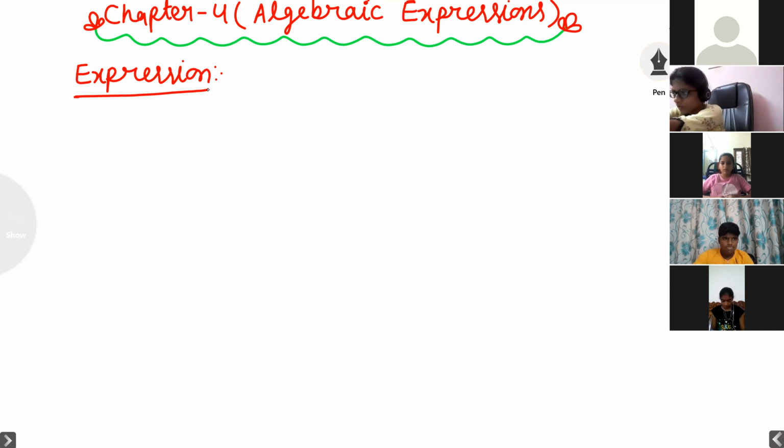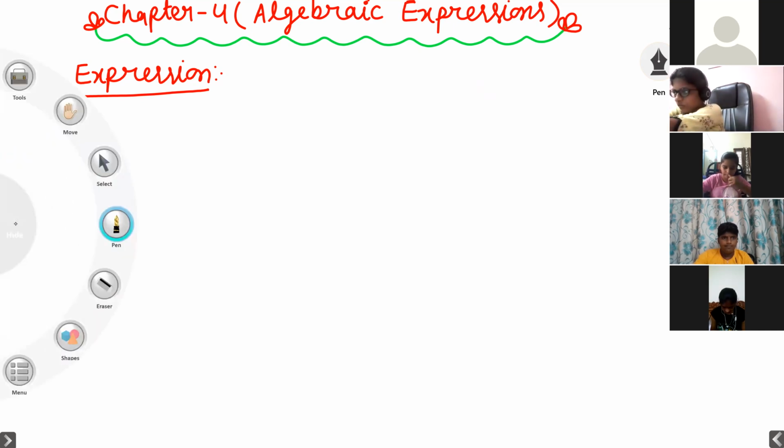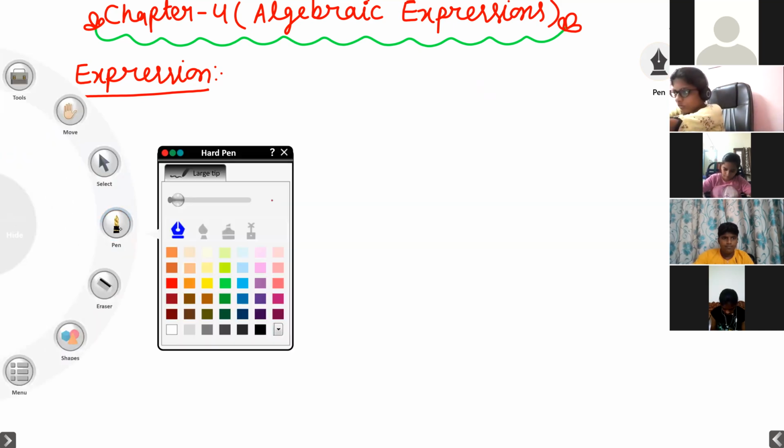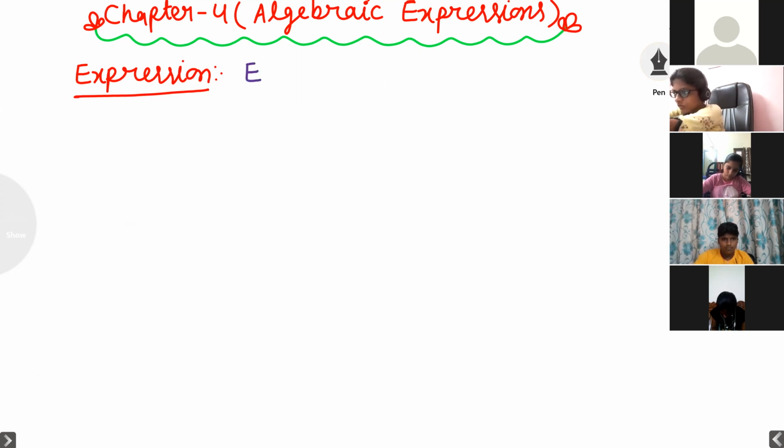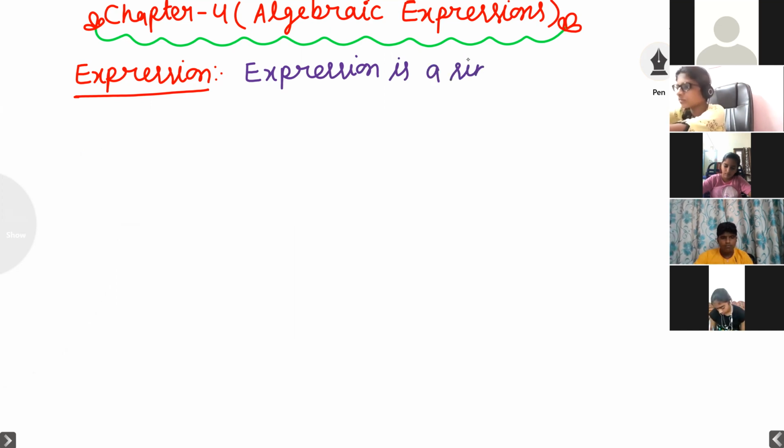First key heading, expression. Expression is a single term. I will explain what is term also, don't worry.